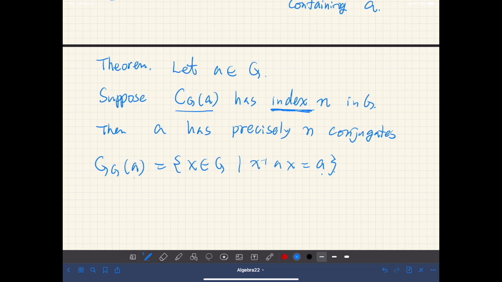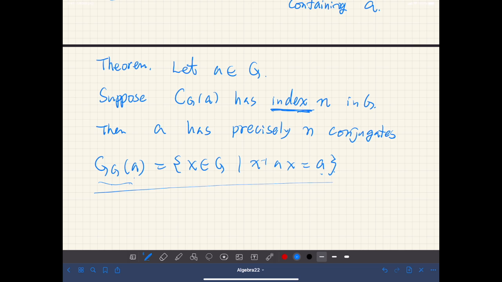Within this subset, A commutes with any elements. And for index, in Lagrange's theorem we have seen that it is basically the number of distinct cosets of a subgroup. The centralizer is a subgroup, so we can construct cosets based on this subgroup, and the index is the number of distinct such cosets.